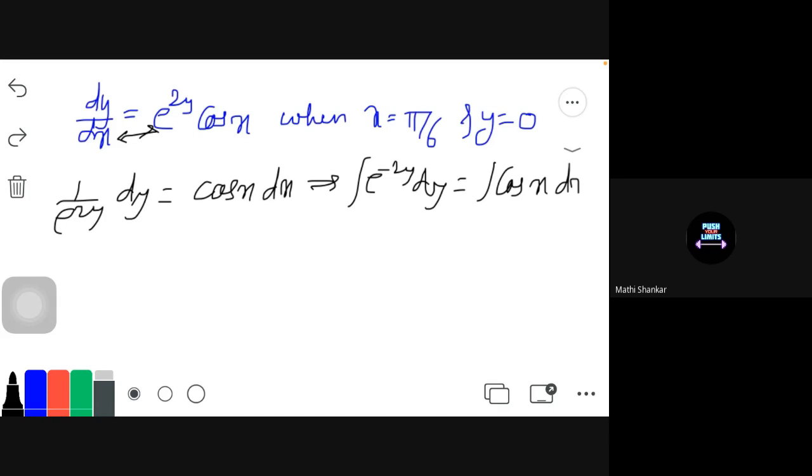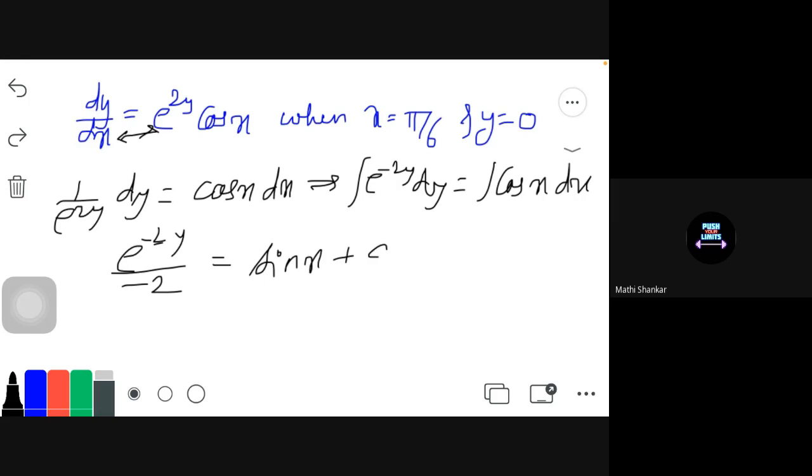Since I've taken this denominator into numerator, I've changed the sign of the power. Now integration of e raised to minus 2y will be e raised to minus 2y upon minus 2 is equal to integration of cos x, which is sin x plus c.